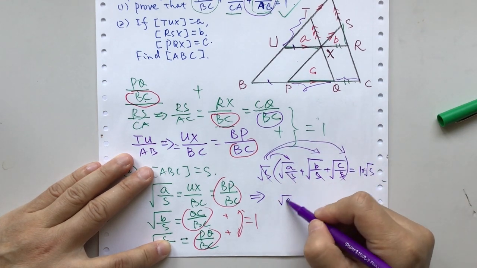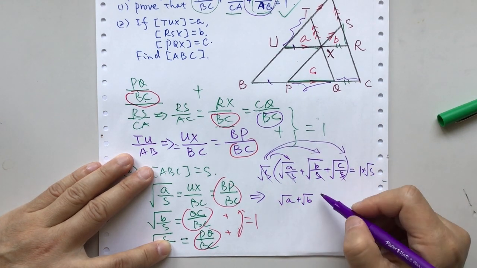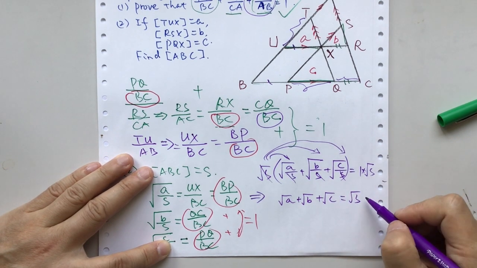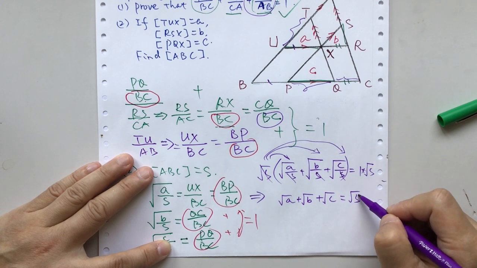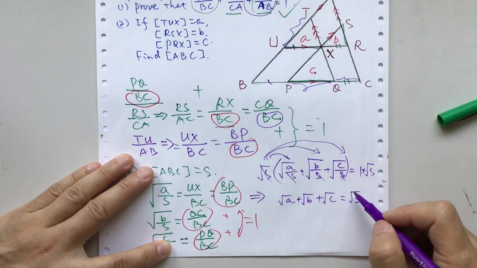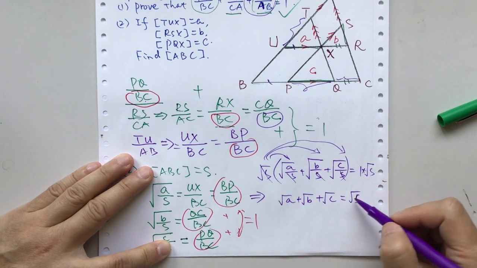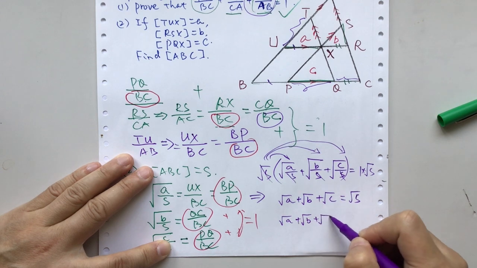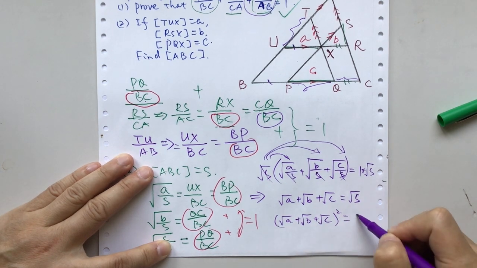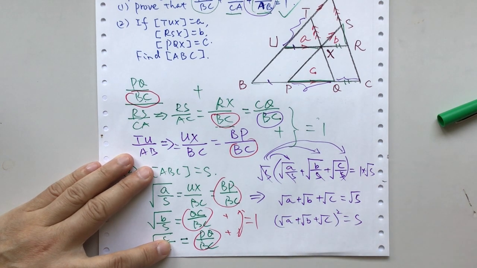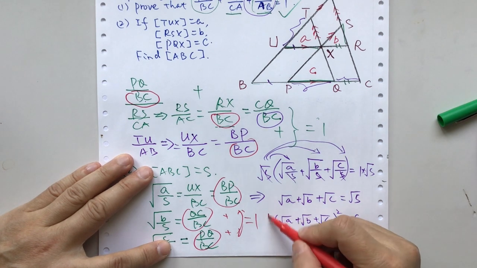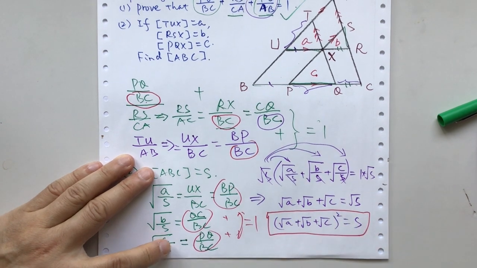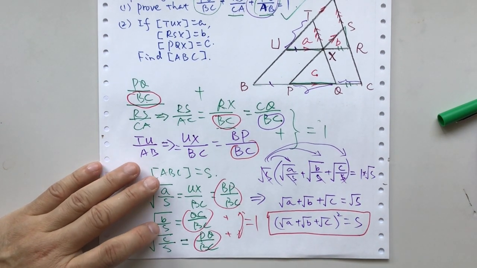So we get the square root of A plus the square root of B plus the square root of C equals the square root of S. Then we square each side, so we get (square root of A plus square root of B plus square root of C) squared equals S. That's the final answer. It's beautiful, right? That's why I love geometry so much. I hope you can enjoy it.